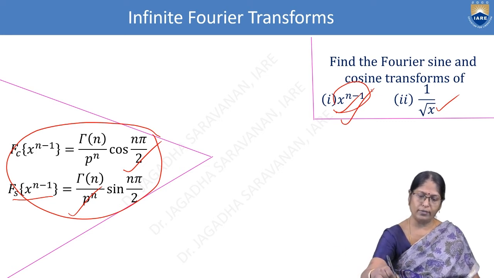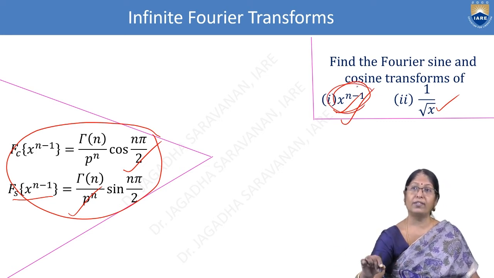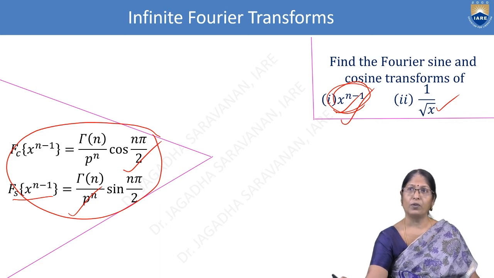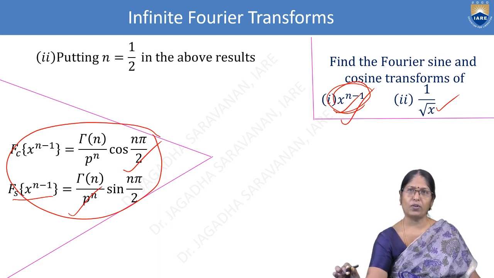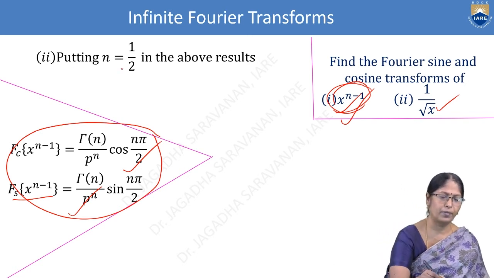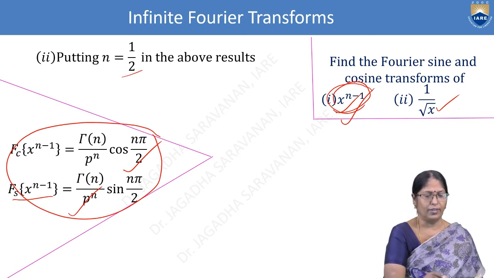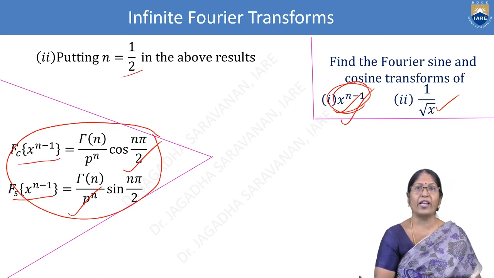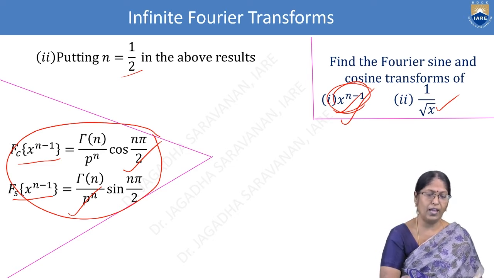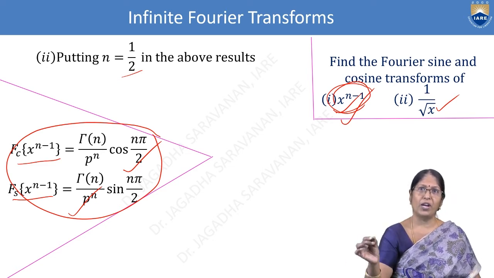Based on this problem's result, is there any way? We are searching, and we got it. The best way is putting n equal to 1 by 2. Here FC of x power n minus 1, in the place of n we substitute 1 by 2.